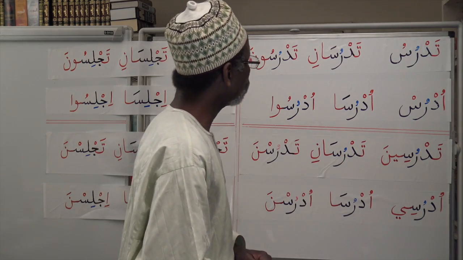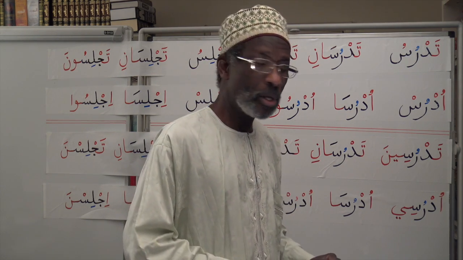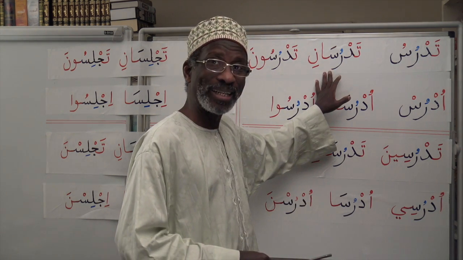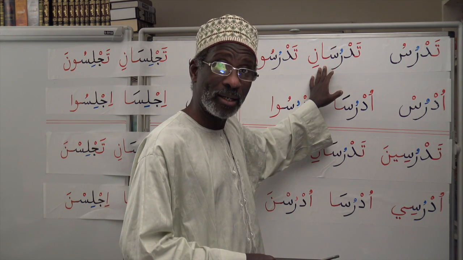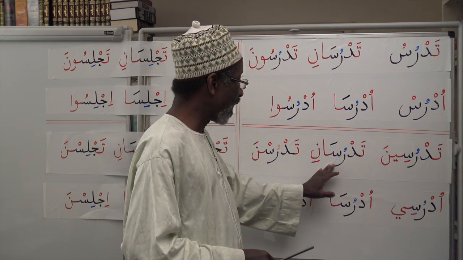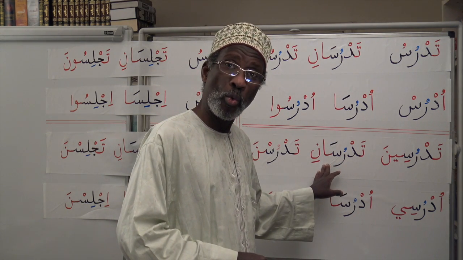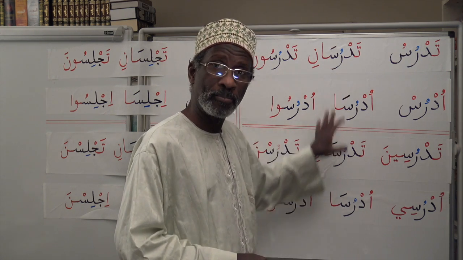Now let's move to the dual, two people. You are coming from the present tense, tadrusani, you two men are studying, and tadrusani, you two women are studying. It's the same.